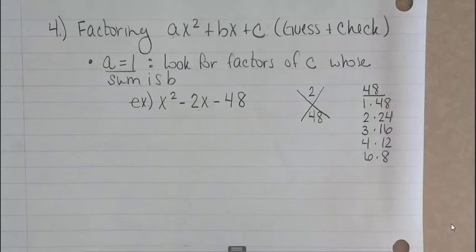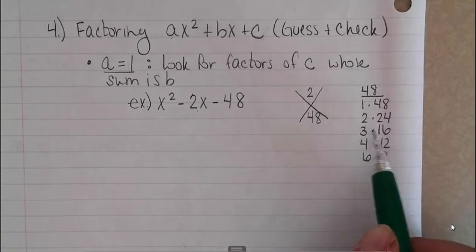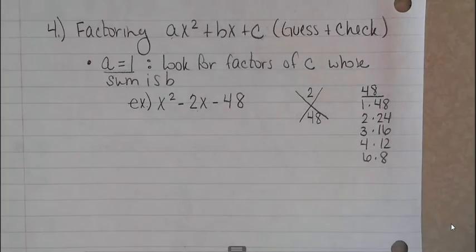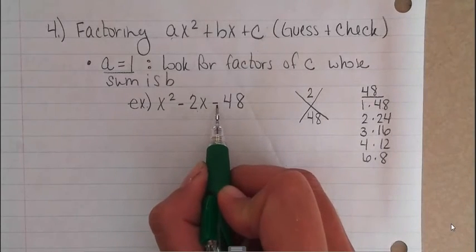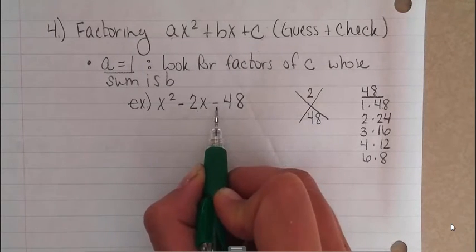Okay. And so now what you're going to look for is these two numbers. Now you can either add or subtract them because one of them could potentially be negative. And as a matter of fact, in order for the last terms in that FOIL to multiply and give you a negative, that means that one of them has to be negative and one of them has to be positive, right?